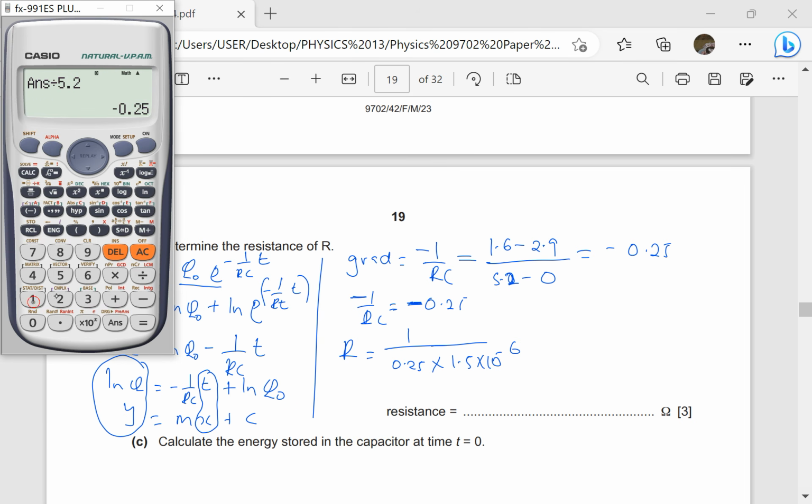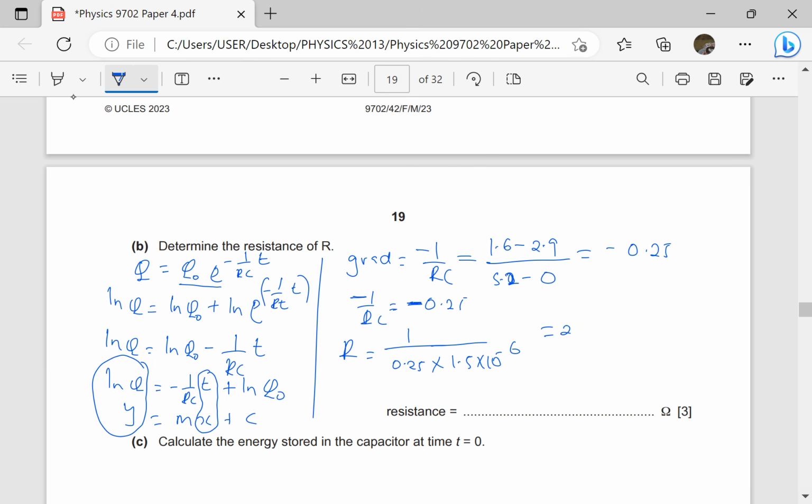So we shall have 1 divided by 0.25 times 1.5 times 10 power negative 6, which gives us 2.67, or 2.7, times 10 power 6 ohms. So I'll write 2.67 times 10 power 6 ohms.